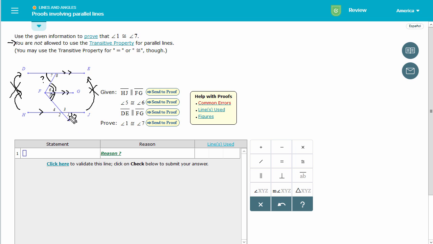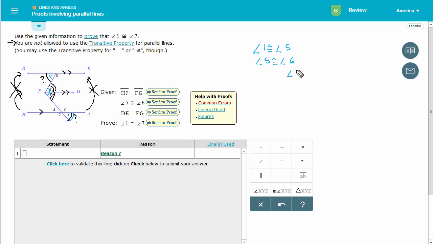So we know a lot about angles being congruent, right? Because of what we know about parallel lines, these two have to be congruent, and these two have to be congruent. So I think my strategy is going to be to say angle 1 is congruent to angle 5. We know that angle 5 is congruent to angle 6.